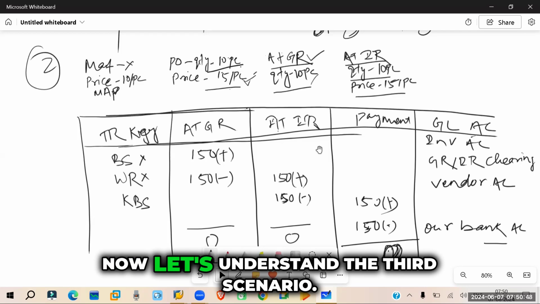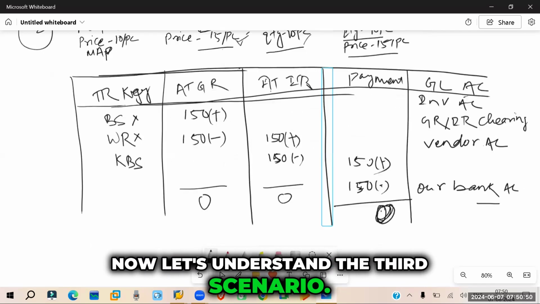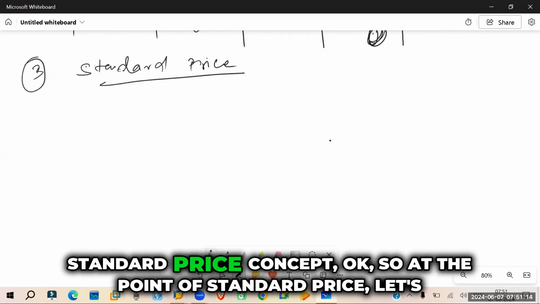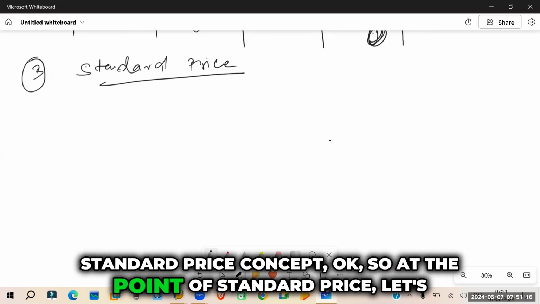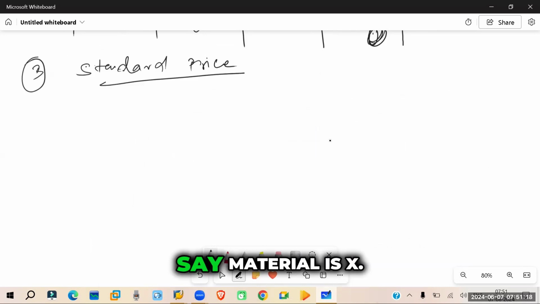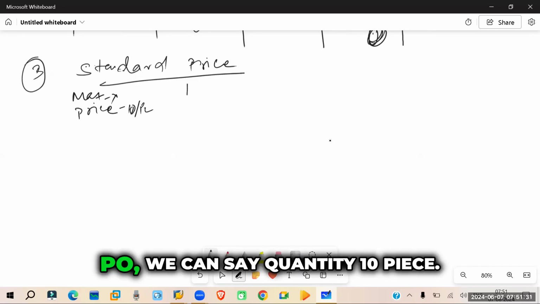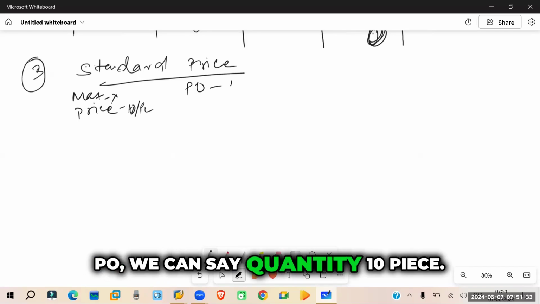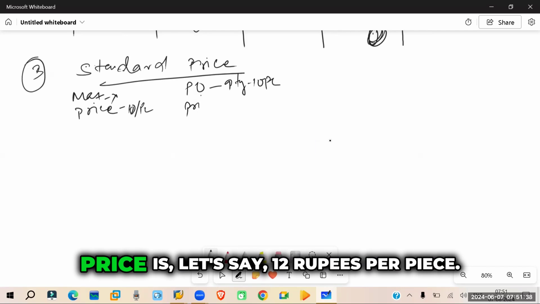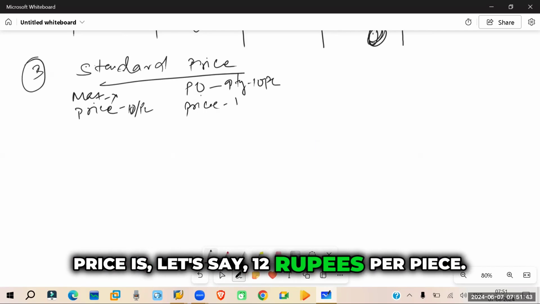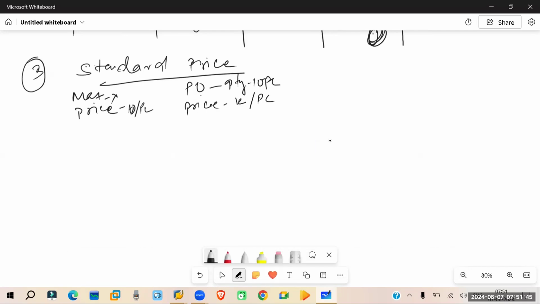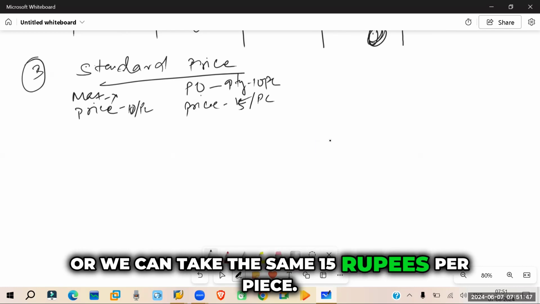Okay. Now let's understand the third scenario. Third scenario, standard price concept. So at the point of standard price, let's say material is X, price is 10 rupees. Okay. PO, we can say quantity 10 piece, price is let's say 12 rupees per piece, or we can take the same 15 rupees per piece.